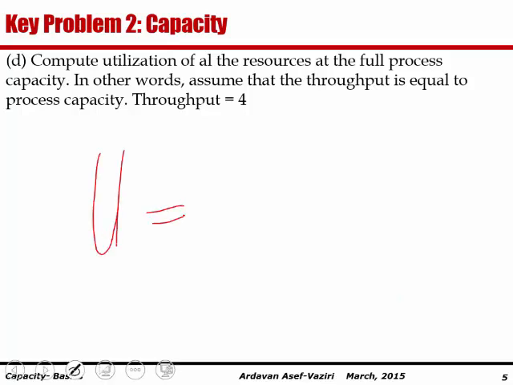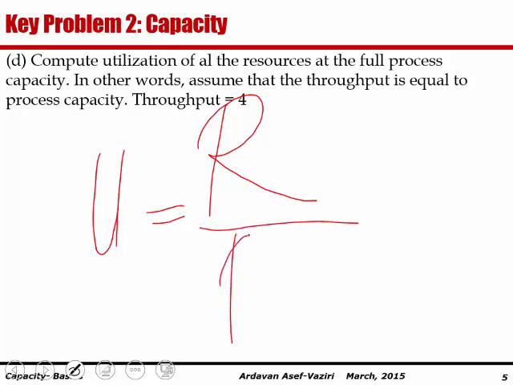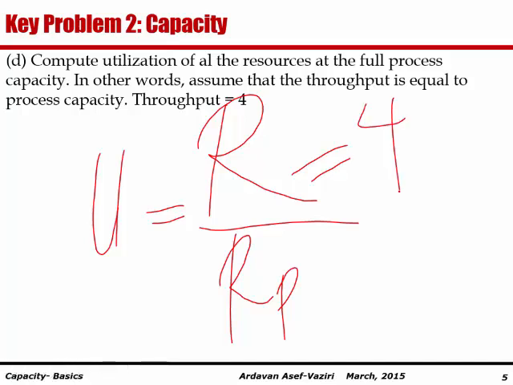Utilization is defined as R, which is throughput, divided by RP, which is capacity. In this example, we said, suppose R punch can perform at 100% capacity, therefore R is 4. And we have RP of each of those resources.